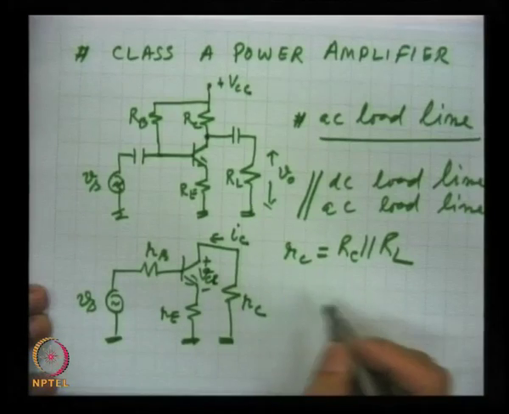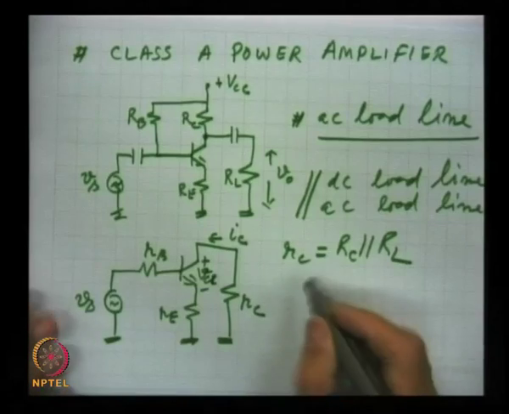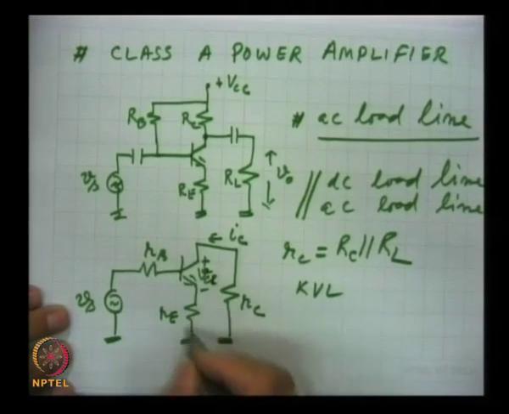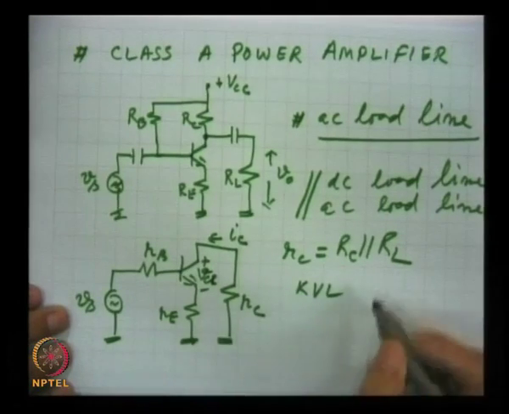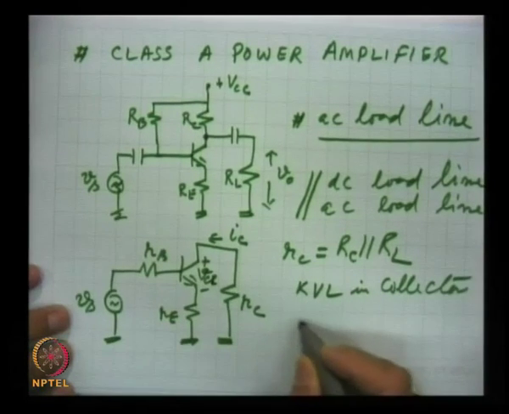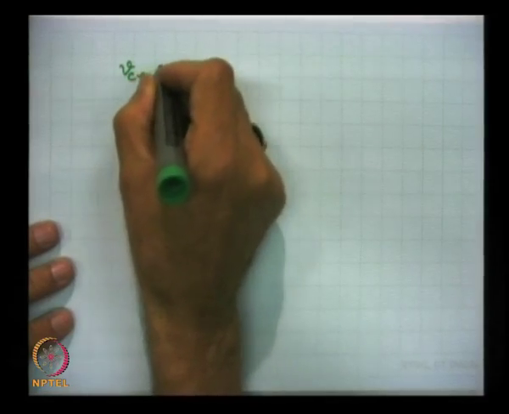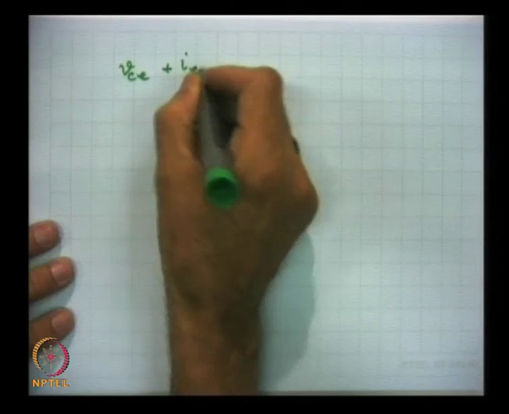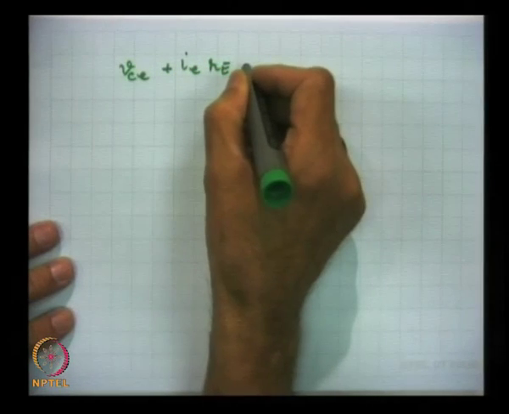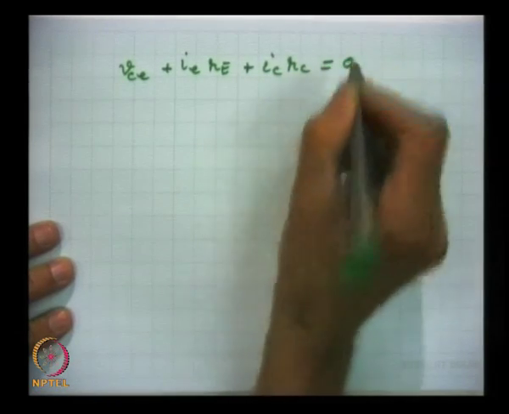Then we apply Kirchhoff's voltage law to this circuit, summing up the voltages in the collector loop. When we do that, we get an equation: VCE plus IE RE plus IC RC equals 0.